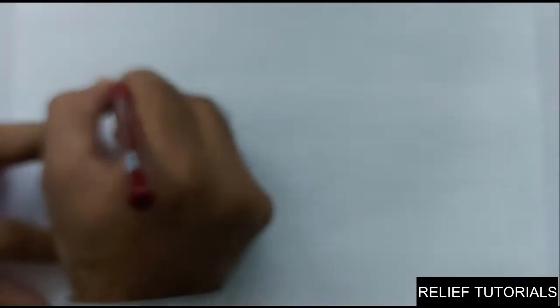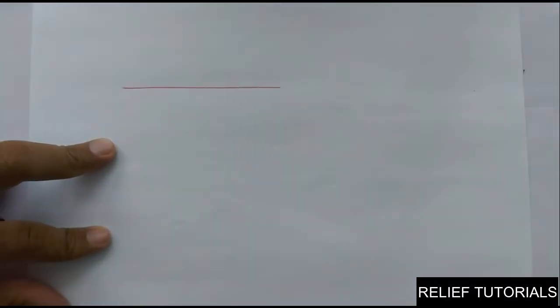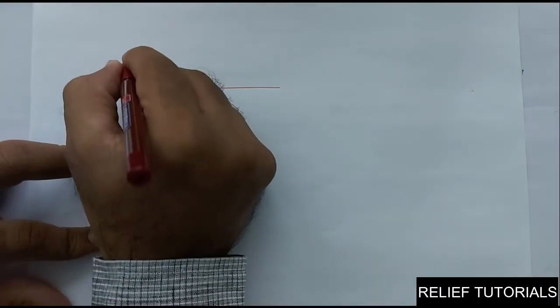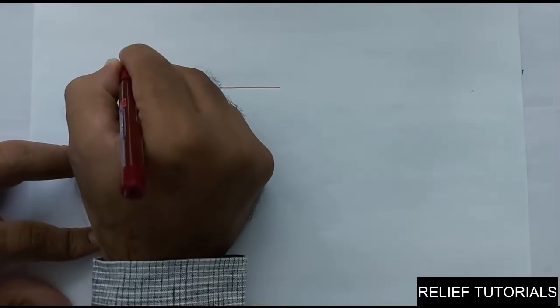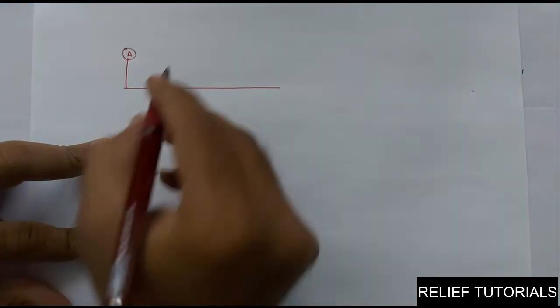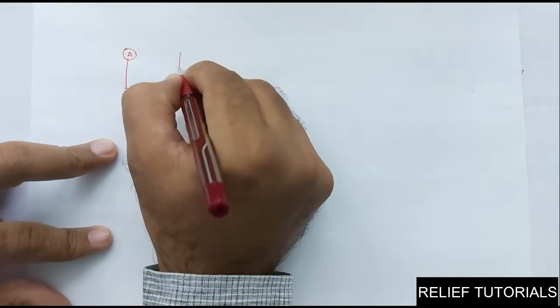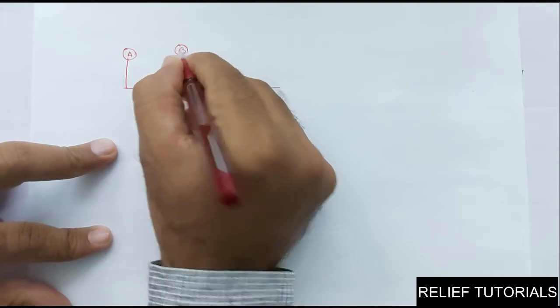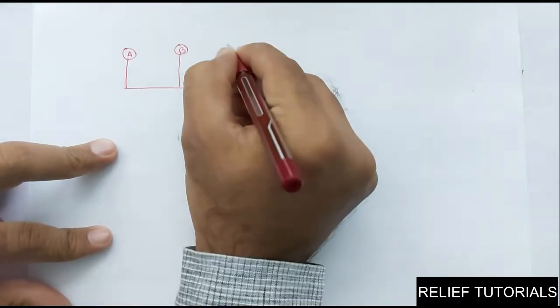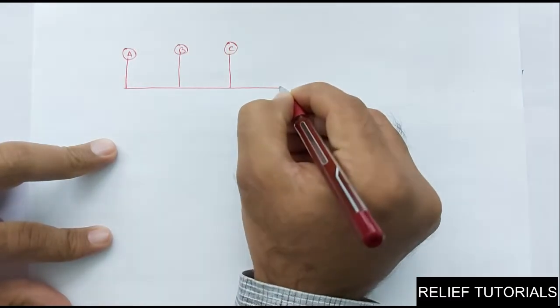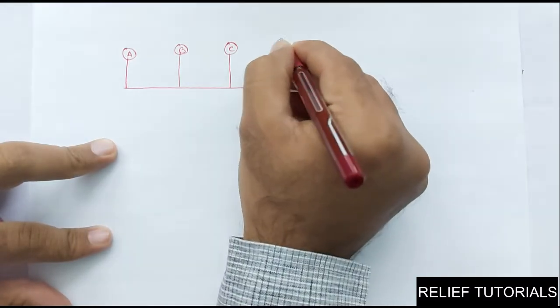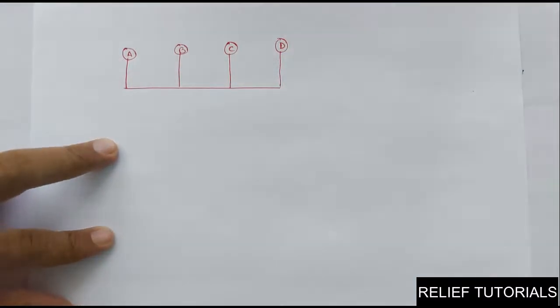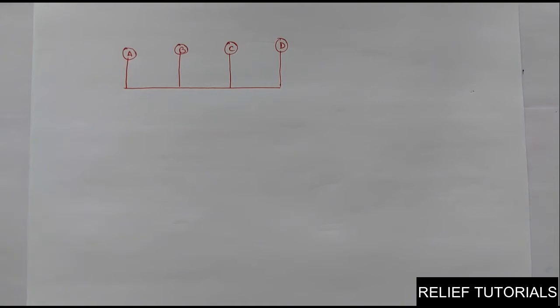Consider, here is one field. Here is pole A, here is pole B, here is pole C, and here is pole D. Four lightning poles you can consider.